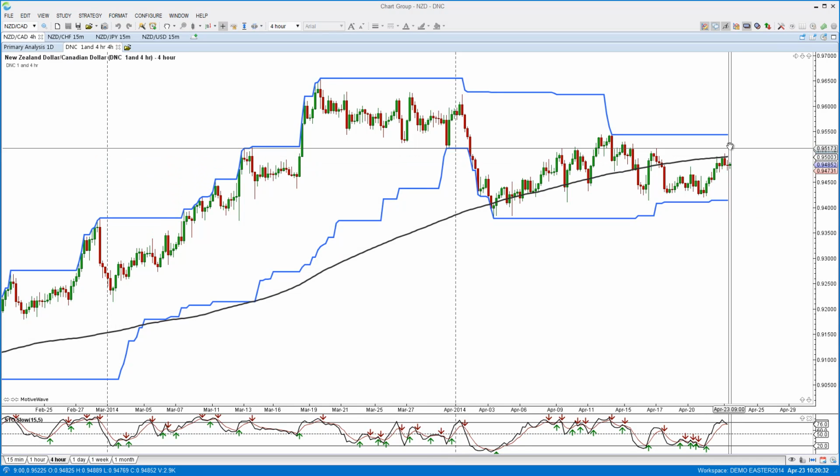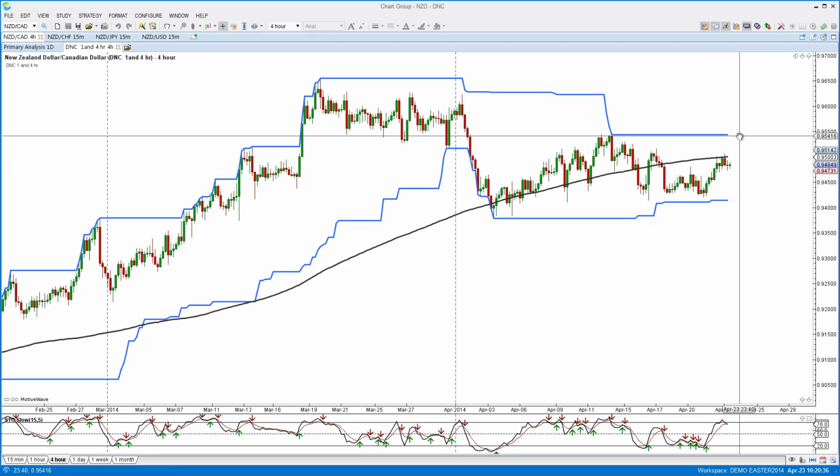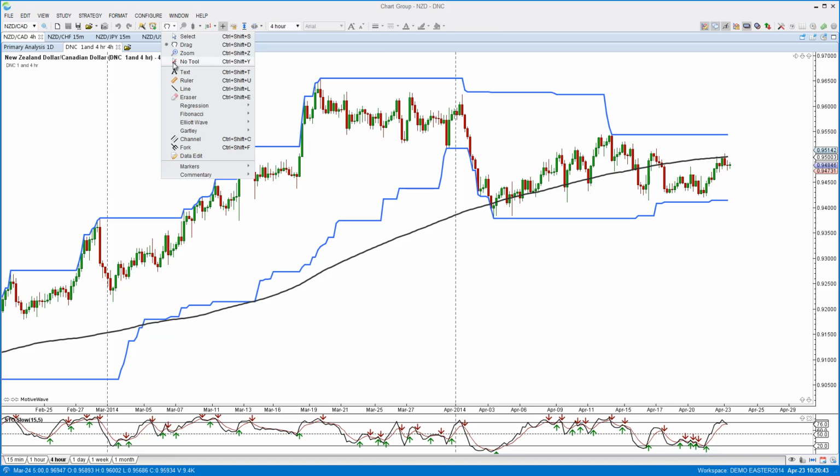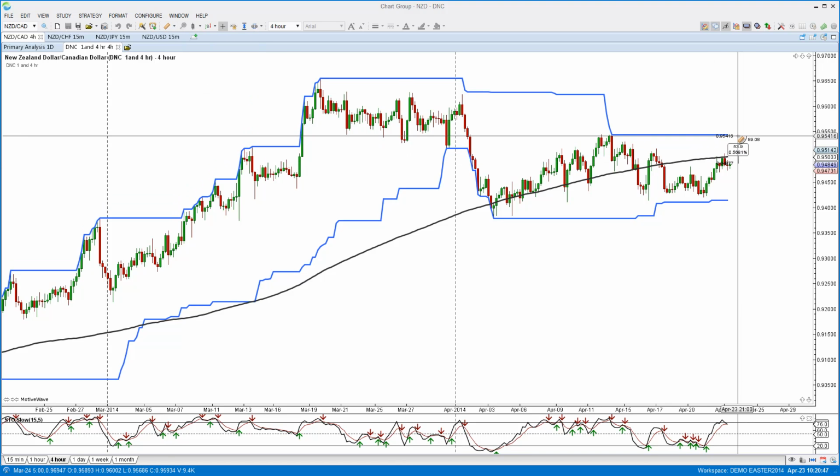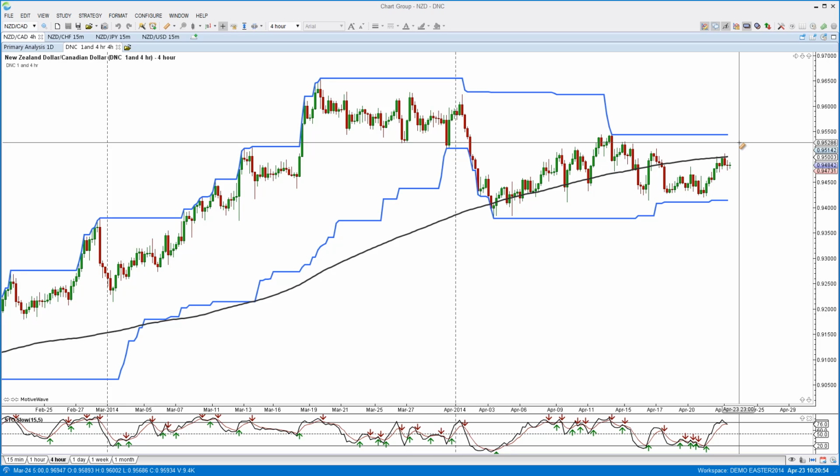So we're looking for the price to hit above this area here at 0.9544, which from the current level is about 58 pips. So it could be a little bit of waiting around for the next couple of days, but that's what happens on the daily and longer time frames.